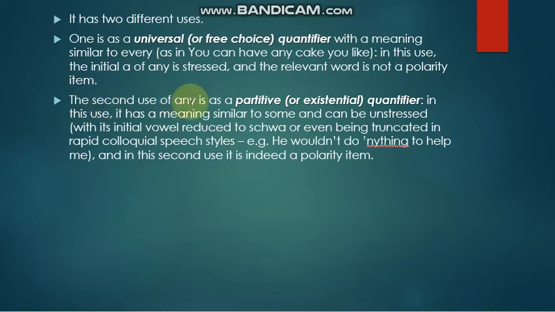The second use of any is as a partitive or existential quantifier. In this use, it has a meaning similar to some and is unstressed, with its initial vowel reduced to schwa or even being truncated in rapid colloquial speech styles. Example: "you wouldn't help me." In this second use, it is indeed a polarity item.